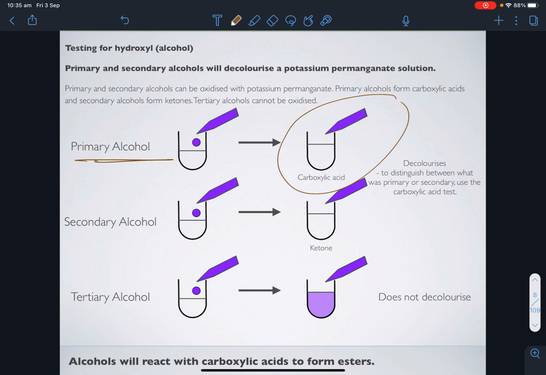So a primary alcohol will decolorize potassium permanganate because it produces carboxylic acid. A secondary alcohol, because that alcohol is not on the end of the molecule, will only oxidize to a ketone, so again it will decolorize potassium permanganate. A tertiary alcohol will not decolorize, and you'll end up with a lighter purple solution. You could get two layers depending on the alcohol, but just say it doesn't decolorize.